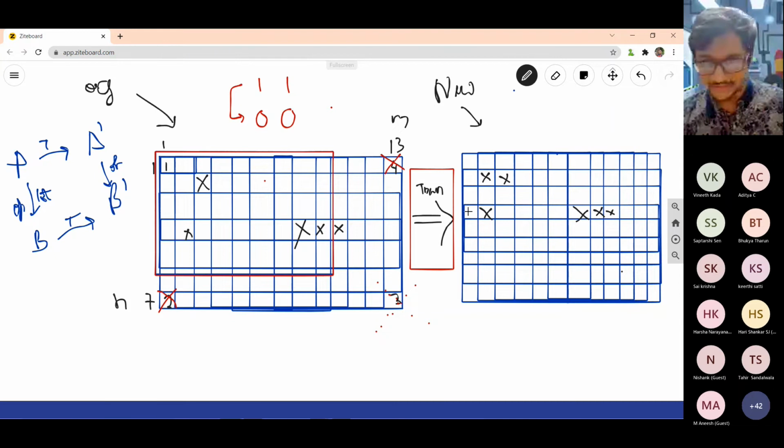This would become black, this would become black, this cell would again become black, this cell would become white because this was black and this was black, so this would become white, this would become white as well, because it is XOR of this and this, and XOR of this and this would be just this cell, right?